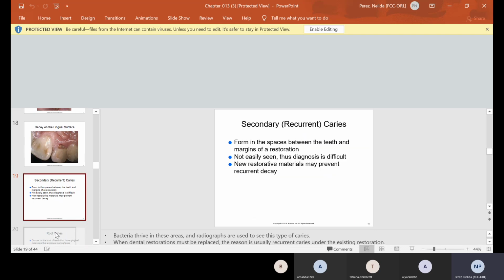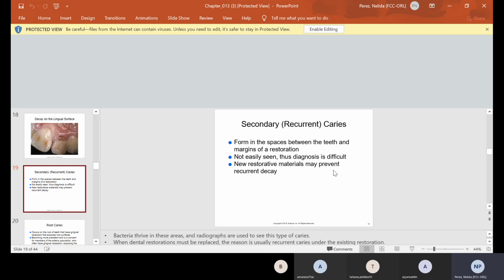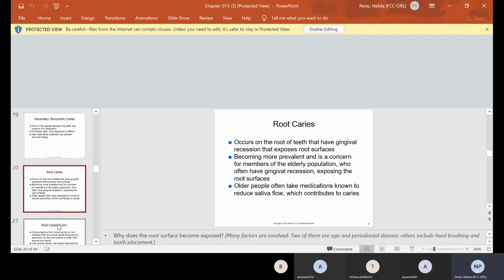Secondary or recurring caries form in the spaces between the teeth and margins of a restoration, not easily seen, thus diagnosis is difficult. New restorative materials may prevent recurrent decay. Root caries occurs on the root of teeth that have gingival recession that exposes root surfaces, becoming more prevalent and a concern for members of the elderly population.